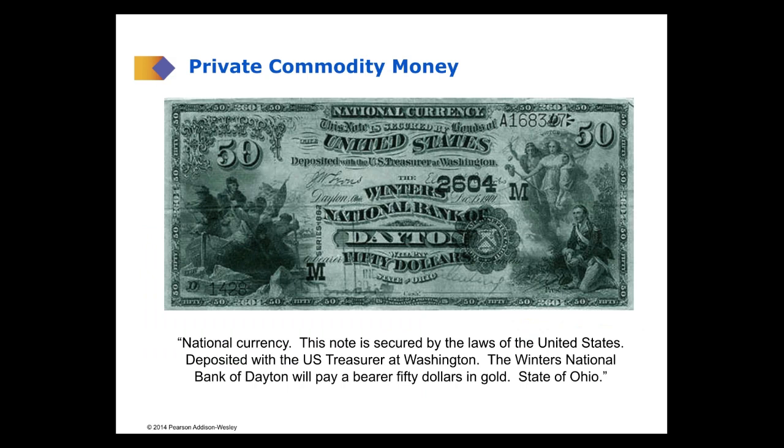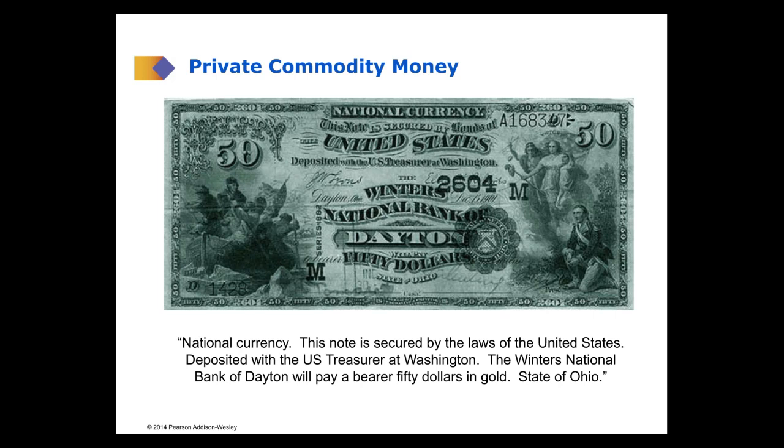This is private, meaning that the bank that issued it was a private business in the private sector, and it was commodity money, meaning that there was some sort of commodity of value that the paper money was representing, like gold or silver or some other metal.